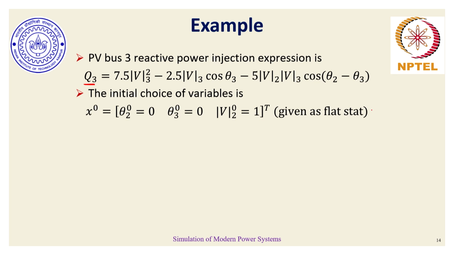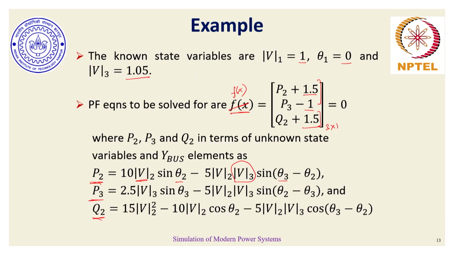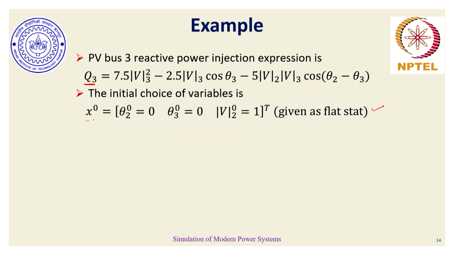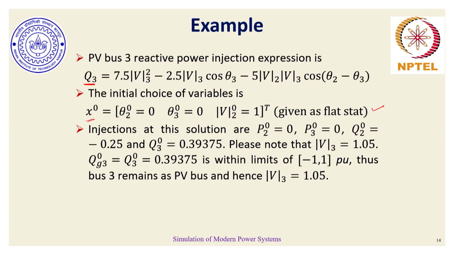We start with the flat start of voltages, and at this flat start, if we plug in these values of x0, we get that P2 and P3 are 0, whereas Q2 is non-zero, it is minus 0.25, and Q3 at x0 is 0.93975. There is no other load at bus number 3, so this injection is acceptable for bus 3 to remain a PV bus, the limits being minus 1 to 1.